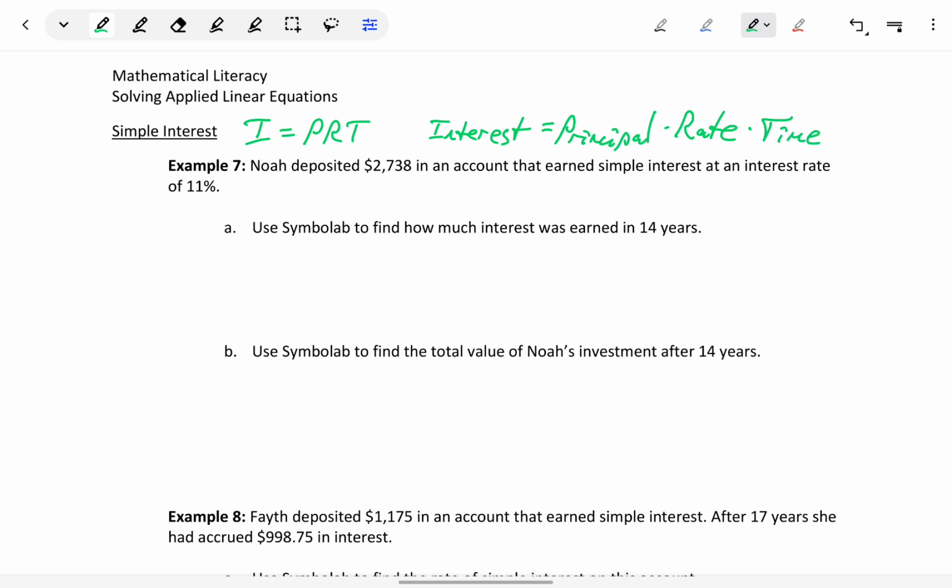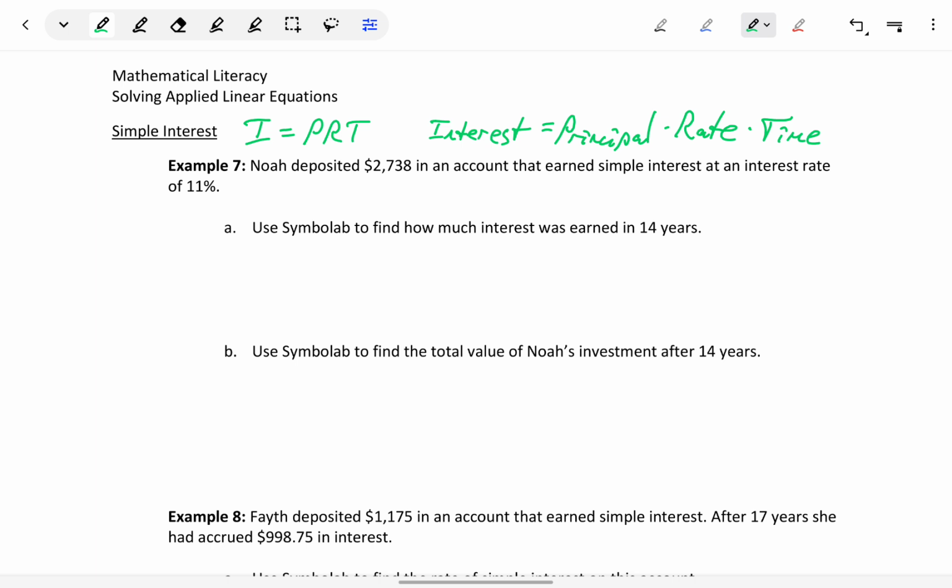So time is the length of the investment, rate is the interest rate that investment accrues, principal is how much we initially put into the investment, and interest is the amount of money that we get out of that on top of the principal that we would receive back. So how much interest is earned on that account based off the investment over some period of time.